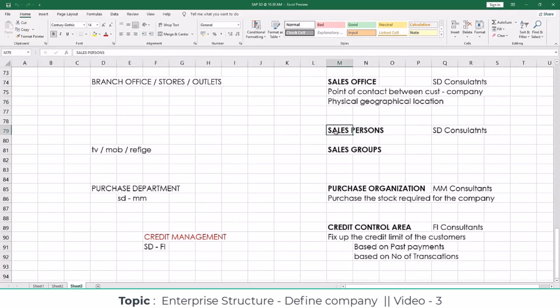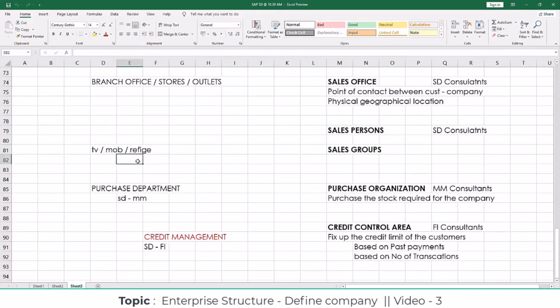Salespersons are the people who work in the sales office. And these salespersons are divided into groups, and each group has its own responsibility of how they are going to work.